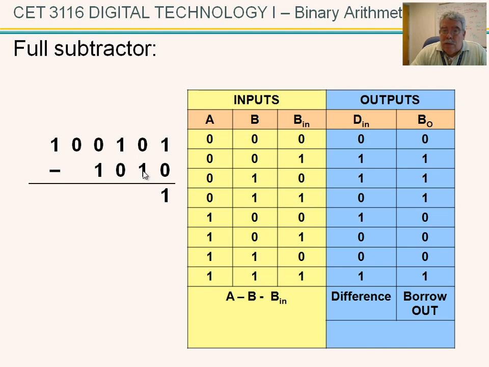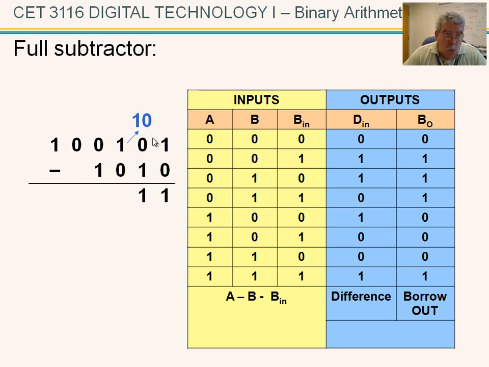Now, the next one is 0 minus 1. I don't have any borrow in. 0 minus 1 and no borrow. Then I have to generate a borrow, and the result is going to be 1. You see, when I generate this borrow, I transfer 1 unit from this column to here, and now this becomes 10. Careful, it's binary.